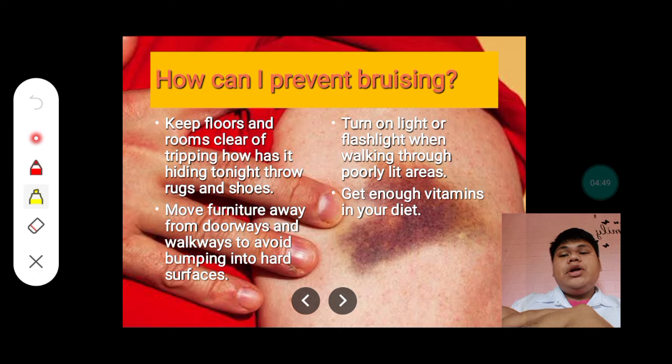Number 3, turn on a light or flashlight when walking through poorly lit areas. Number 5, the last is, get enough vitamins in your diet.